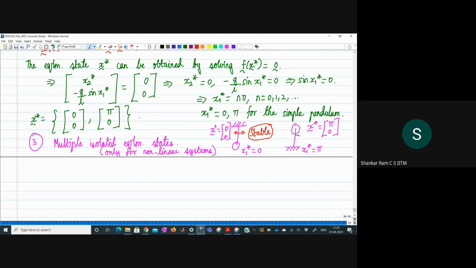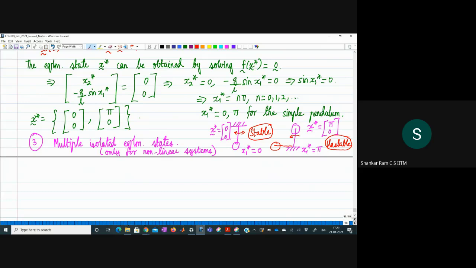On the other hand, if we tap this one, it will fall down. So we will intuitively call this an unstable equilibrium state. This motivates us to come up with definitions for the notion of stability of an equilibrium state, which we will subsequently do. So from a big picture perspective, we can see where we are headed.